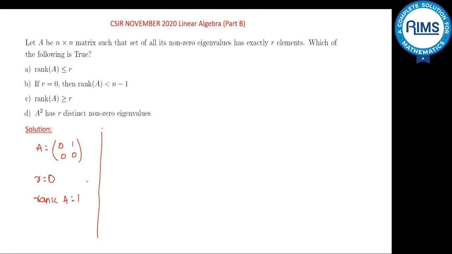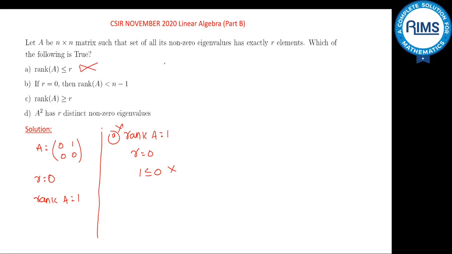Okay, now consider the four options. For the first option, what is the rank of A? Rank of A equals 1, and here r equals 0, and it is given that rank of A is less than or equal to r, that is 1 less than or equal to 0, which is not possible, therefore option A is false.